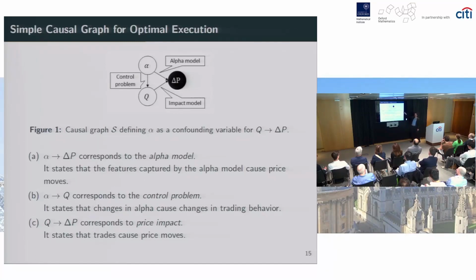Kevin, would you mind repeating the question for me? Yes, Rama's question was how I have only one variable here called alpha, but in practice, people distinguish between predicted alpha, ex ante, what do I think is my prediction? So I think the price is going to go up by 20 basis points.